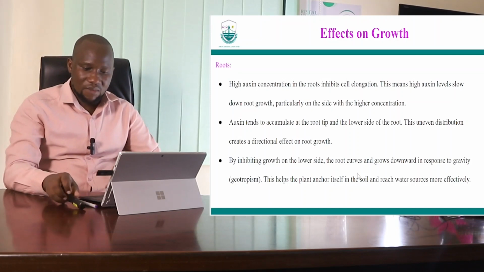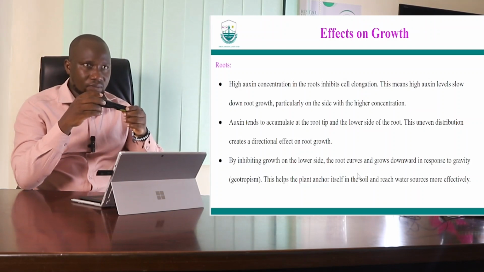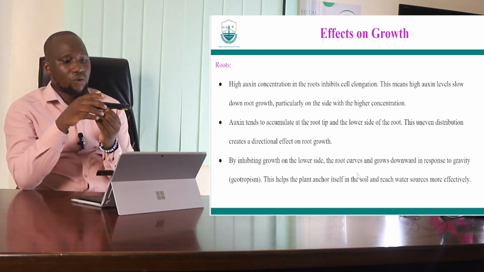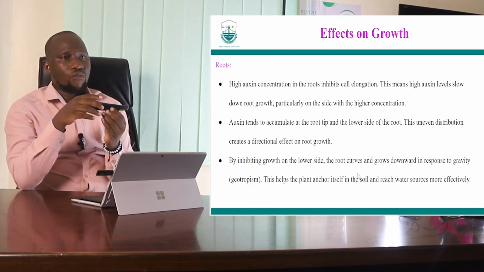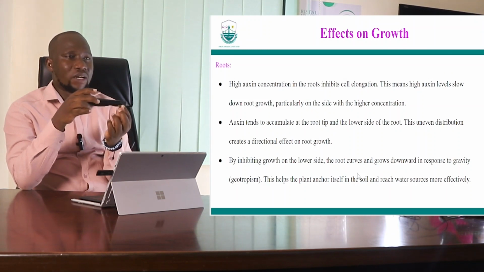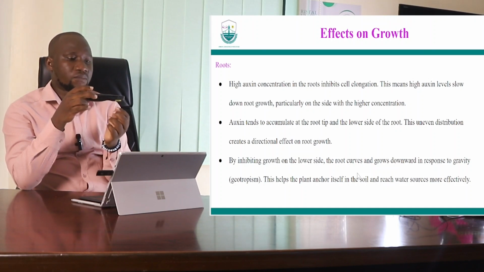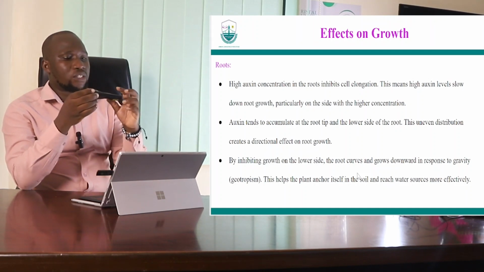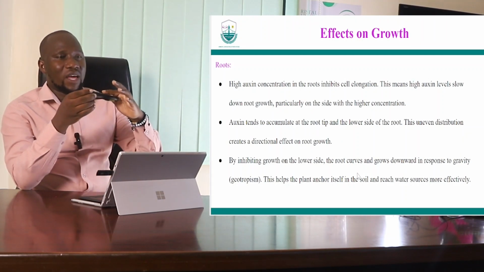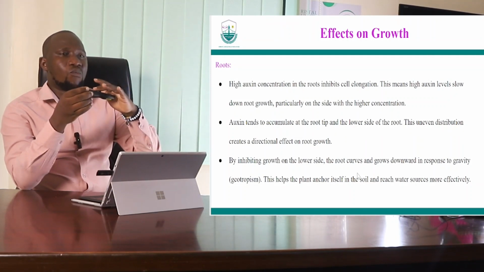So this is basically to say, if you take this as our root, the concentration of the auxins is more downwards because of the gravitational force. Therefore, the part where there is a low auxin concentration is going to grow more.